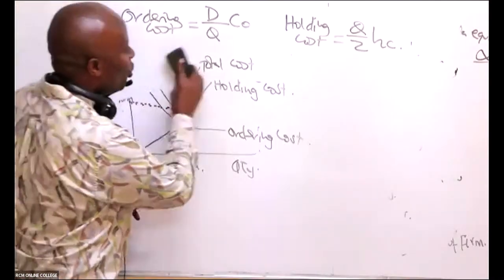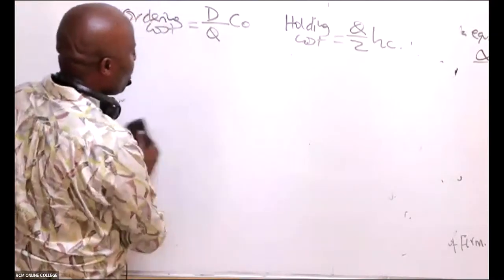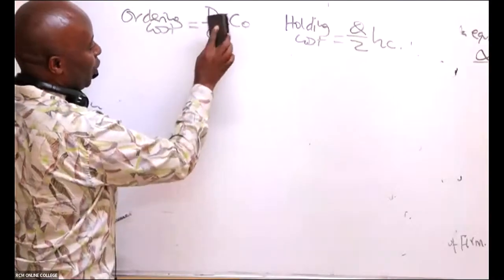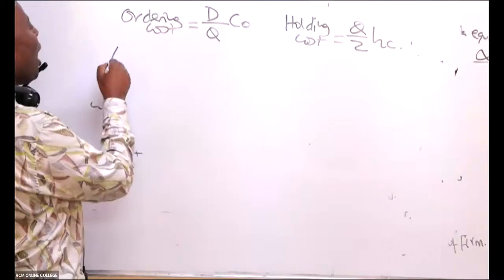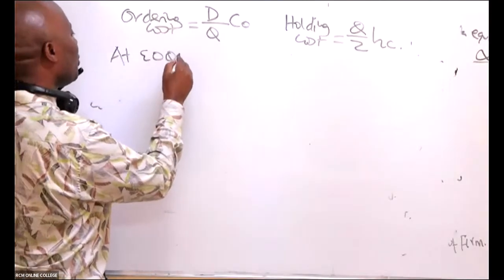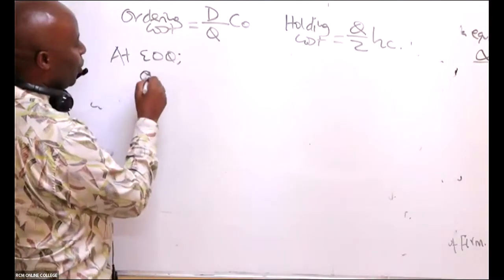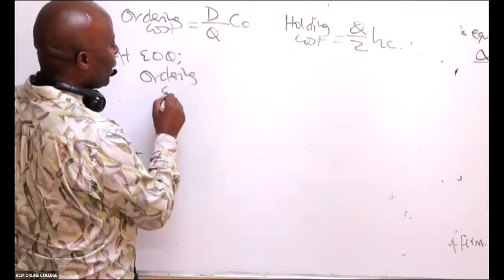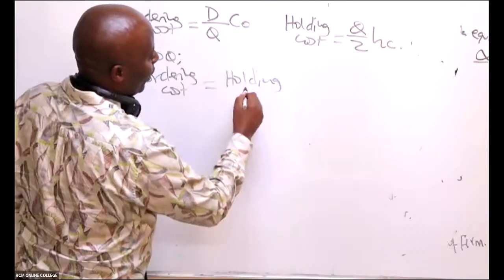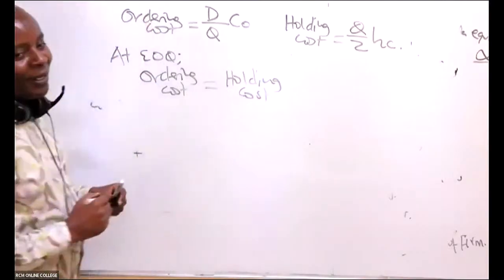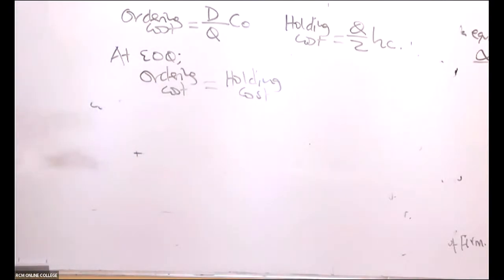So I would want us to derive our EOQ formula as I write for you what this D, Q, CO mean. Basically we are saying that at EOQ, ordering cost equals what here, somebody? Equals holding cost. Ordering cost equals holding cost.